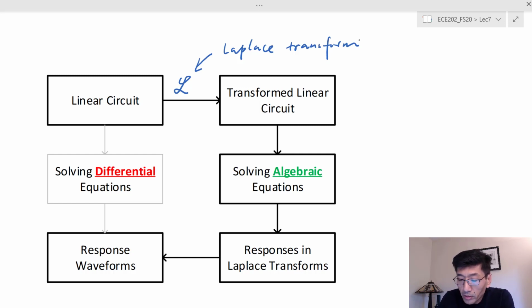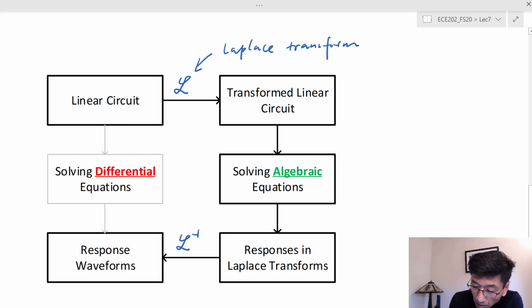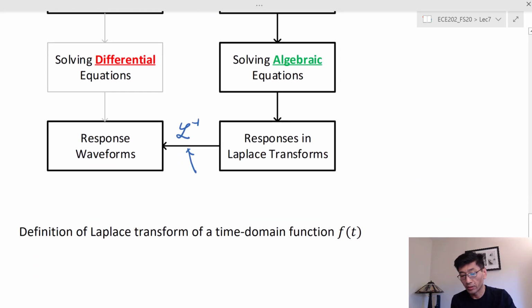So once the circuit is transformed into the S domain, the Laplace domain, we can do a similar thing, solve the algebraic equations, and get the result. Of course, in this case, it would be in the S domain, not in phasors. But then we do the inverse Laplace transform, and come back to the time domain. So that's what we will do in these two chapters to cover these concepts.